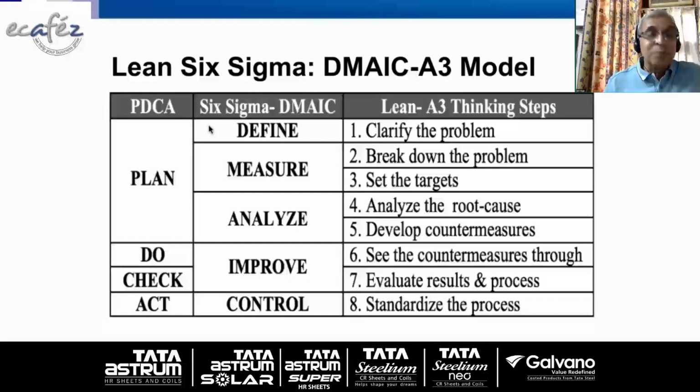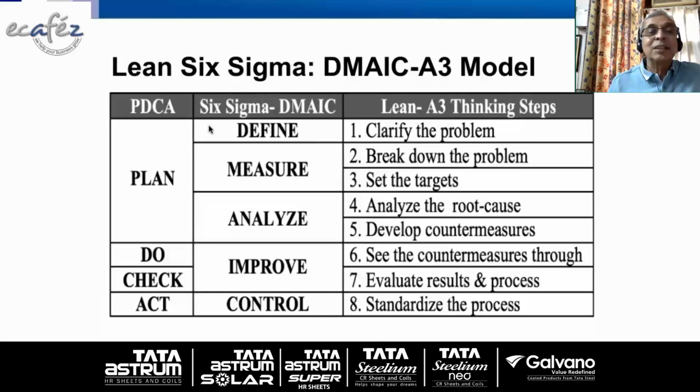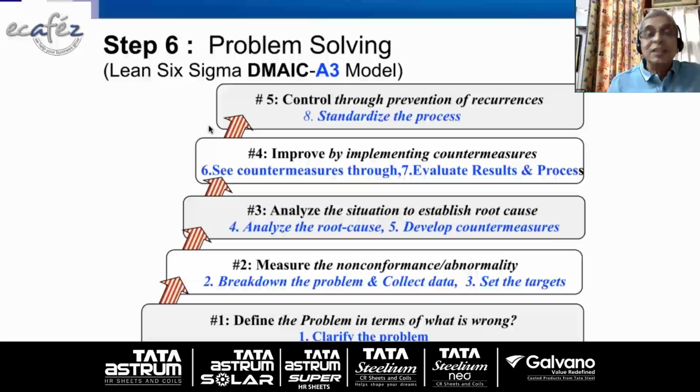So in this particular model, I have combined DMAIC and A3 together. A3 thinking involves 8 steps. This is how the Lean approach and Six Sigma approach have been applied in problem solving in 5 phases. The define phase: define the problem in terms of what is wrong and clarify it.